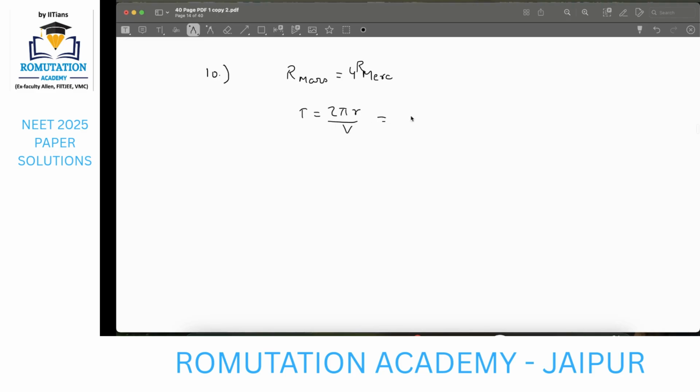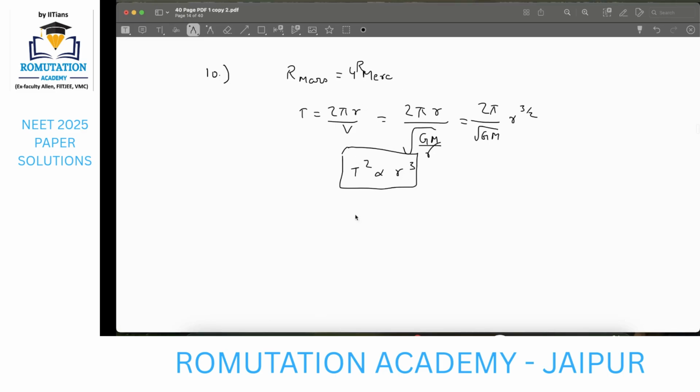And if r is the distance from the center, we know root GM by r is the velocity. So we know 2 pi by root GM, and its power will be r to the power 3 by 2. So t squared comes out to be proportional to r cubed from this relation, which is also mentionable from Kepler's law.